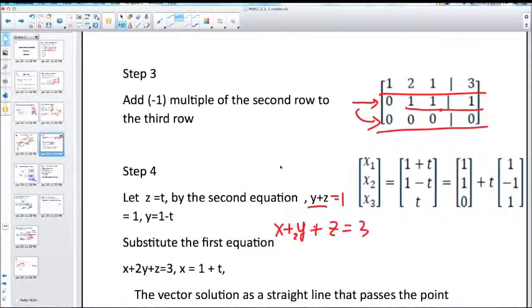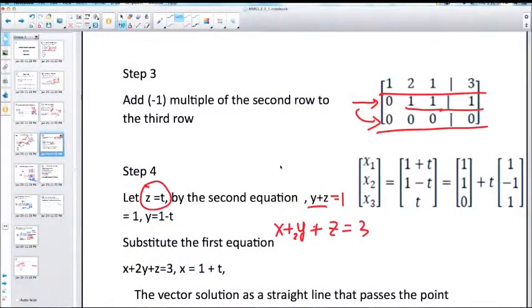So what are we going to do? You got 3 variables, 2 equations. You got a free variable. You can select whatever number you want. Then let's let z equal t. If z equals t, from the second equation you find y equals 1 minus t.